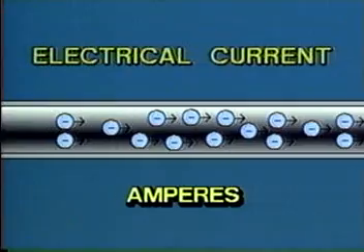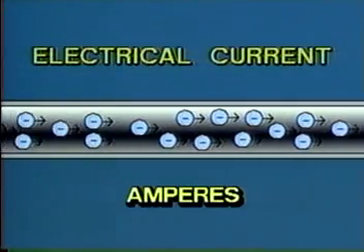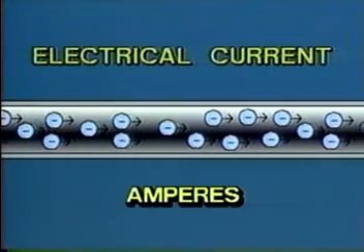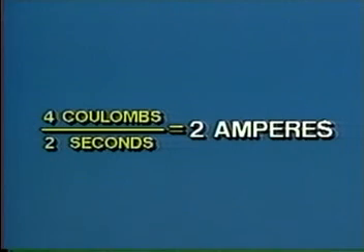Amperes are calculated in coulombs per second. That is, 1 coulomb of electrons moving past a specific point in a circuit in 1 second equals 1 ampere of electrical current. For example, if 4 coulombs of electrons were to pass through a single point in a circuit in 2 seconds, you'd have 2 amperes of current.